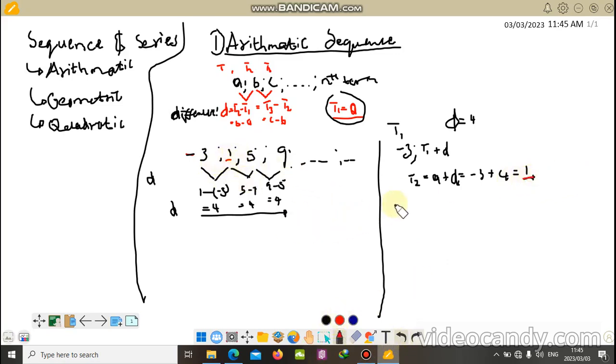Now we have term 2, we need term 3. How would you find term 3?